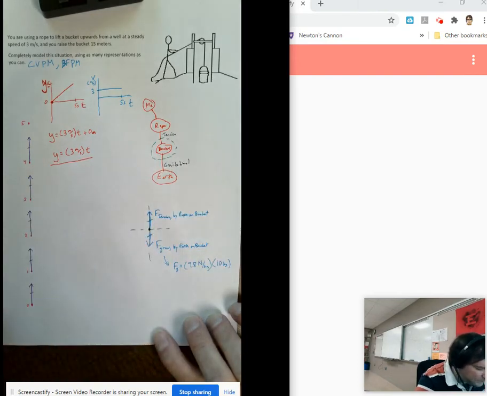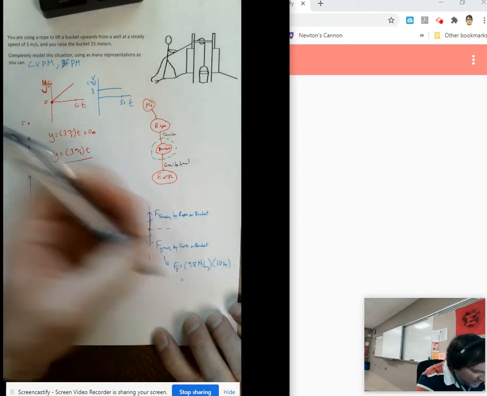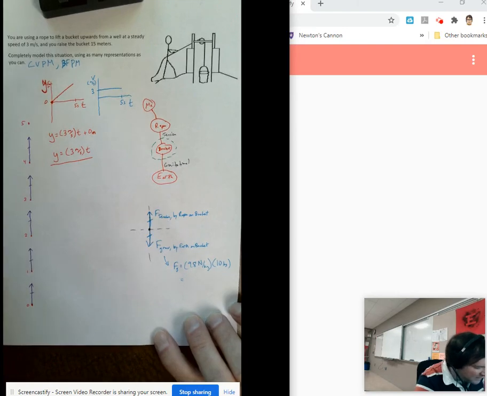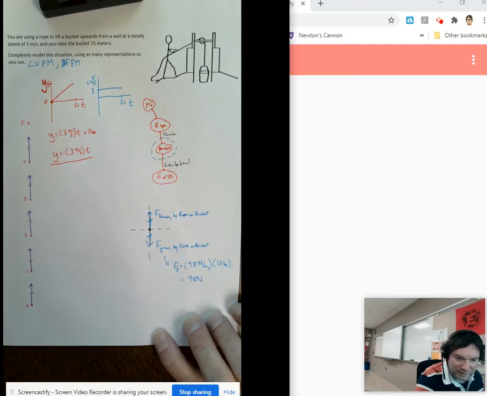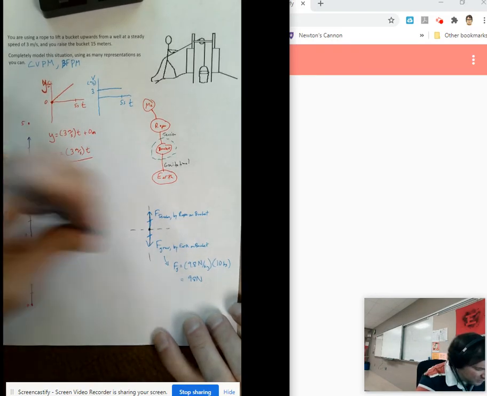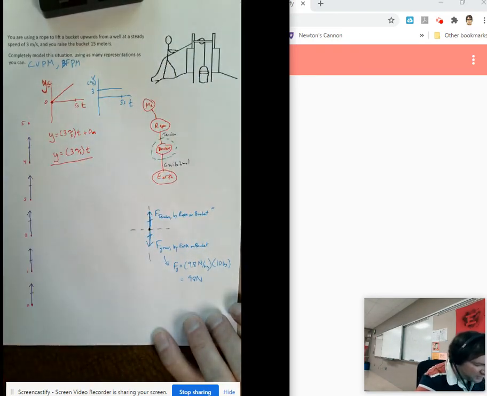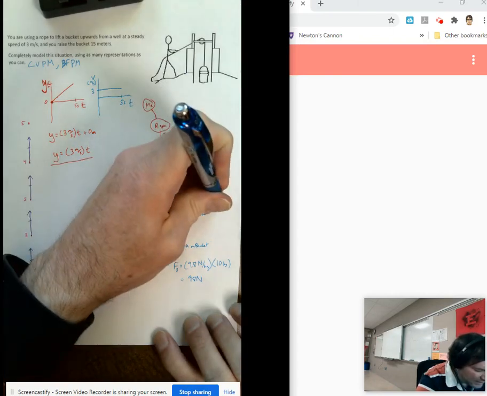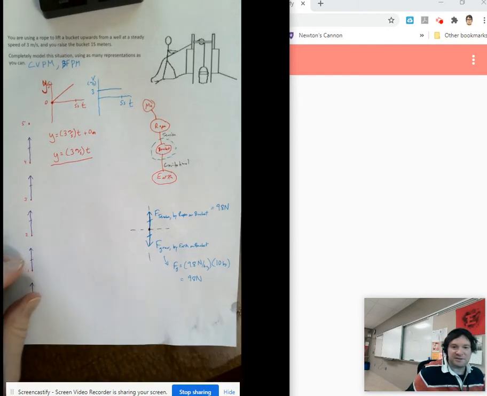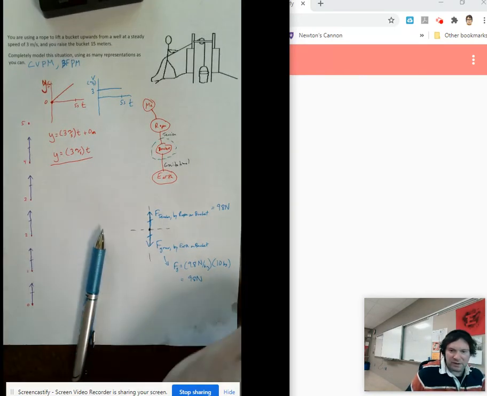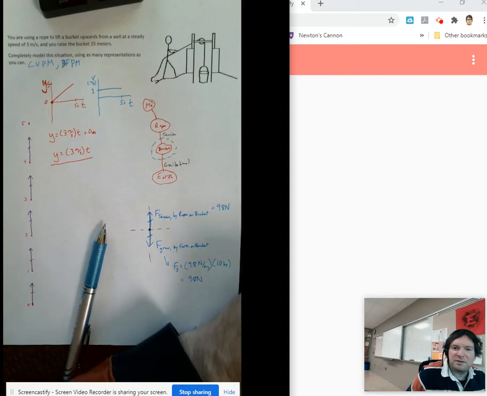If each mass of 1 kilogram has a weight of 9.8 newtons, then a mass of 10 kilograms has 10 times 9.8, 98 newtons of weight. So that would also mean, if these forces are balanced, that the tension force by the rope on the bucket has to be the same number, 98 newtons, because we know that these two forces are balanced. So there I've written out about as much as I could about the balanced force and constant velocity models.